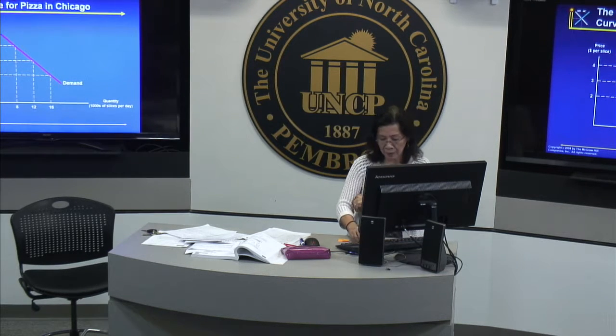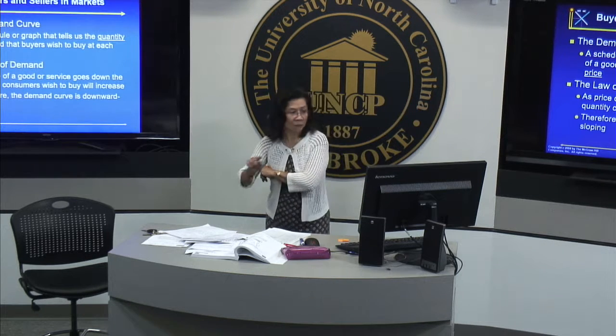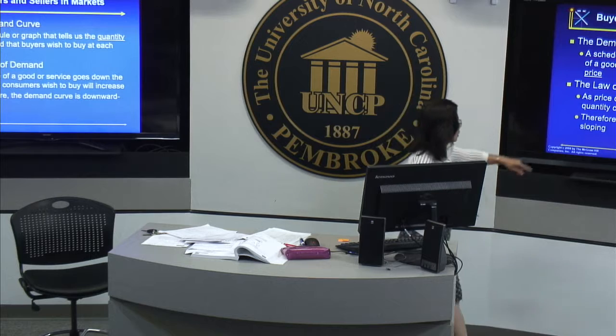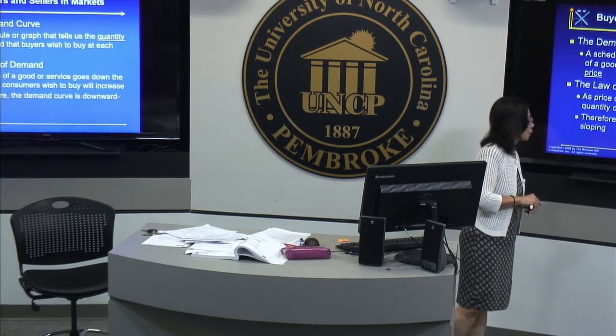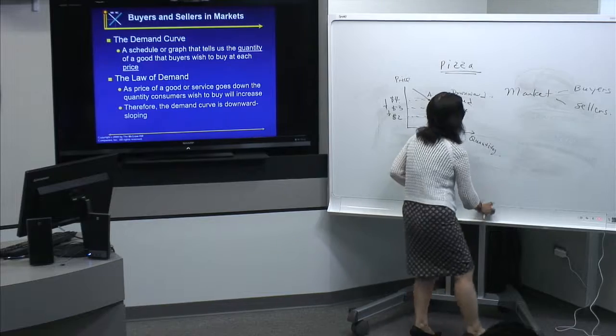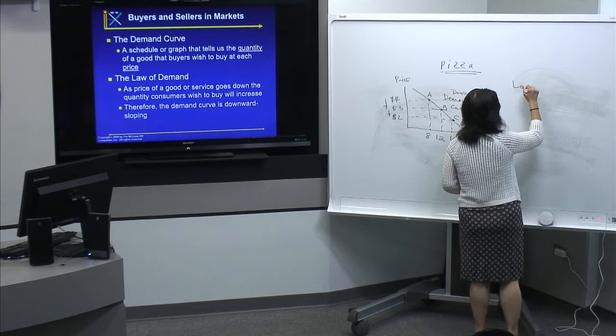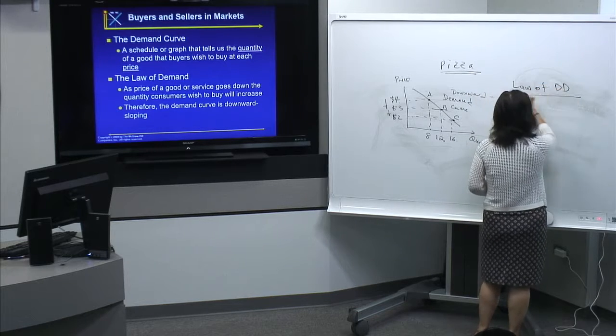So that's the law of demand. As the price of a good or service goes down, the quantity consumers wish to buy will increase. Let's write this down in short form. The law of demand says, DD stands for demand.